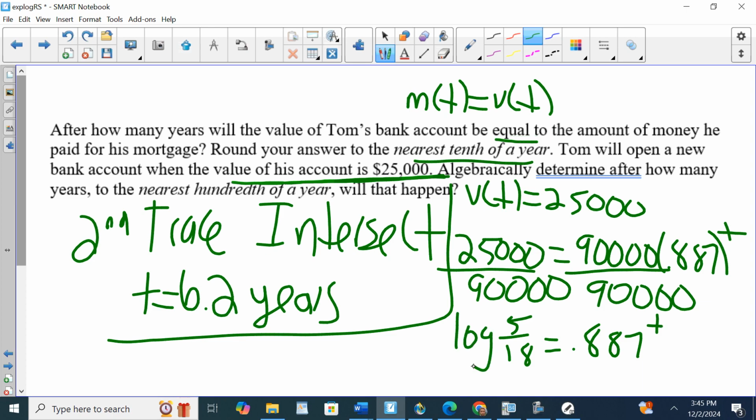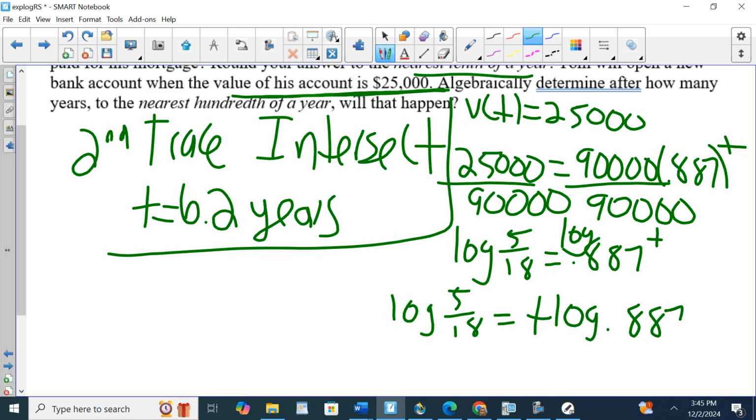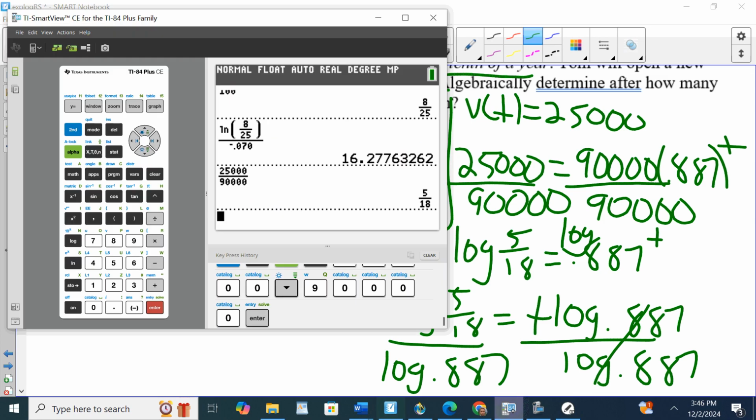Log of both sides. I've got log 5 over 18 equals t log 0.887, divided by log 0.887. Let the calculator do the work for you.